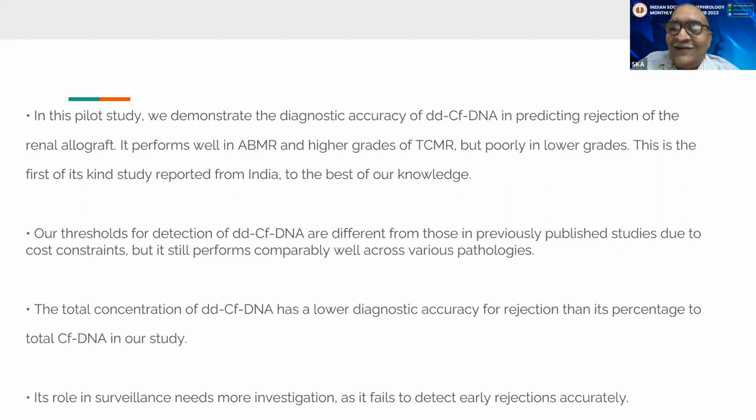What I'm trying to say is that a marker being tested in this study has a possibility of increasing in chronic graft dysfunction also. Just keeping stable doesn't exclude that the patient was not having a health state where the marker will not increase. That is the only point I am making.